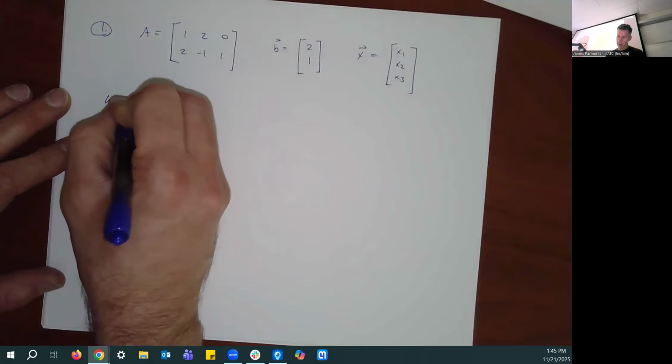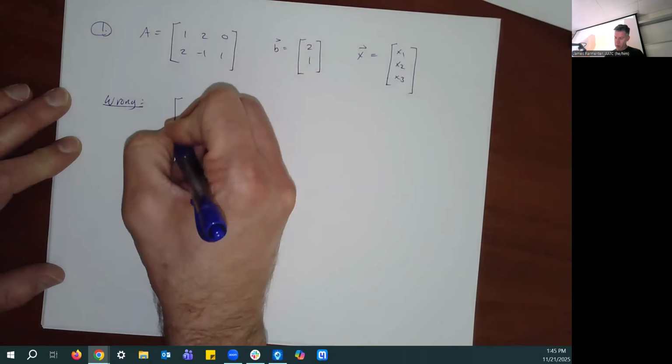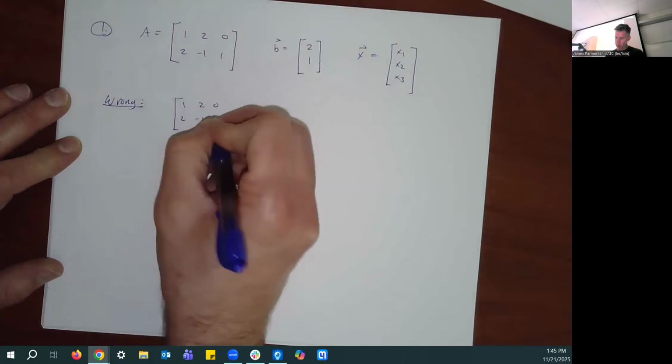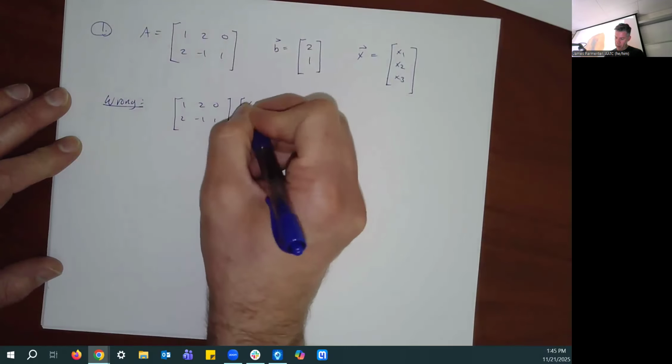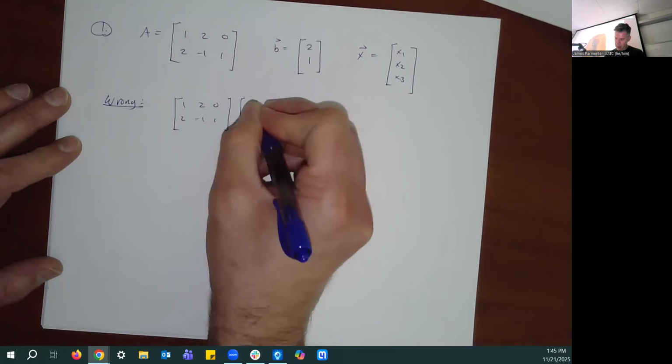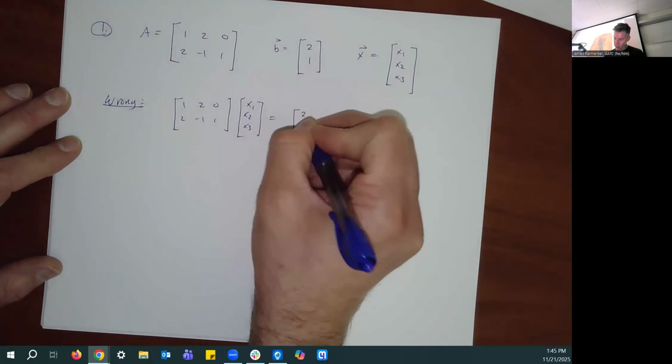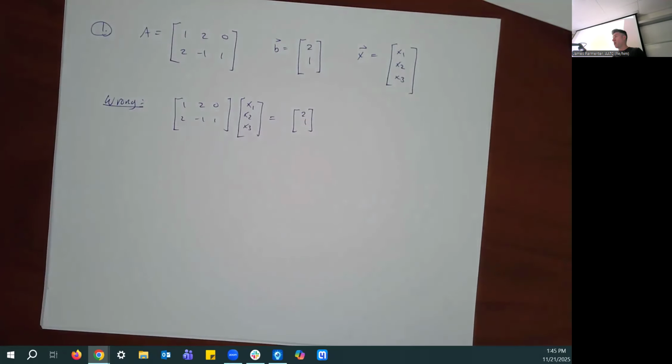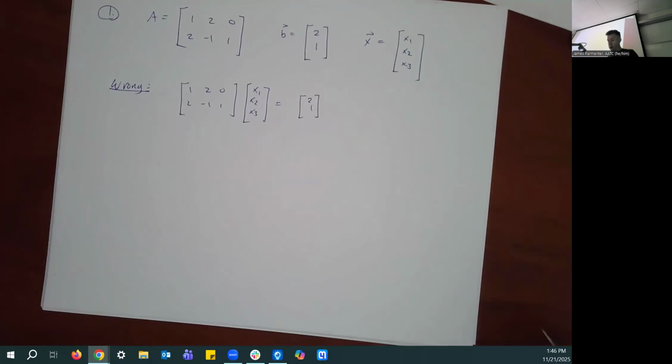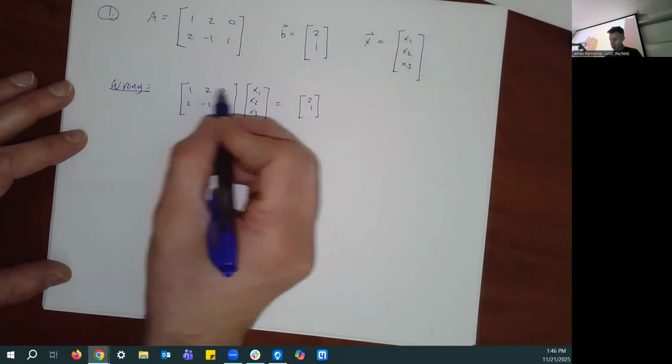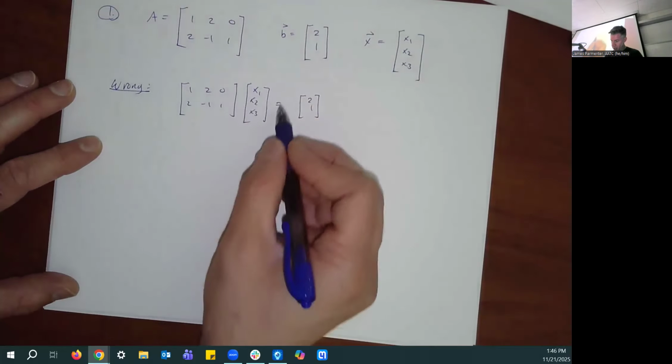So here's the wrong answer. This is not what they want me to do. To write it as 1, 2, 0, 2, negative 1, 1 times x1, x2, x3 equal to 2, 1. Although you could certainly start there, because what they really want me to do is actually multiply it out. So I'm going to take this row dotted with this column, and it's going to equal 2.